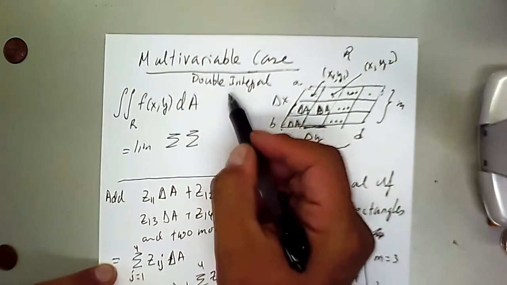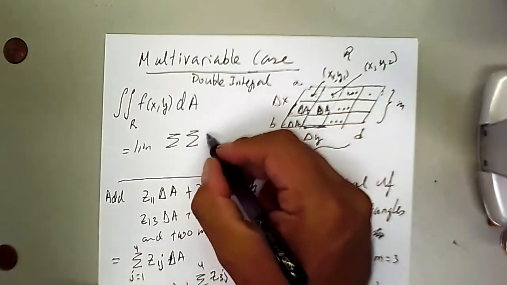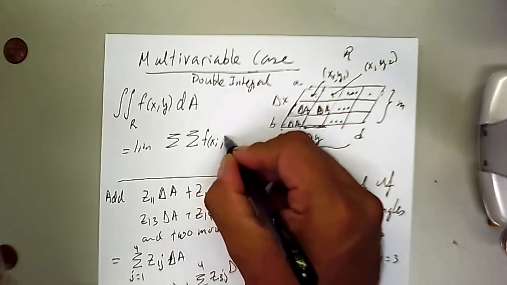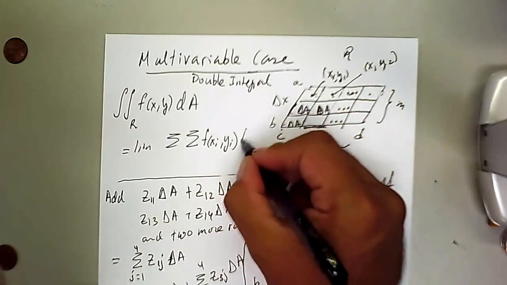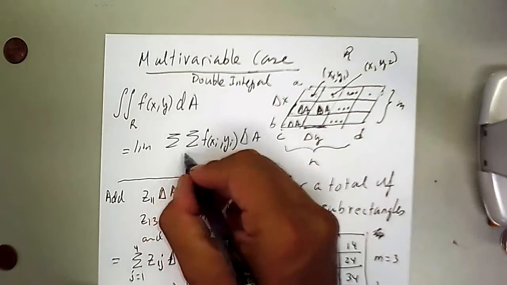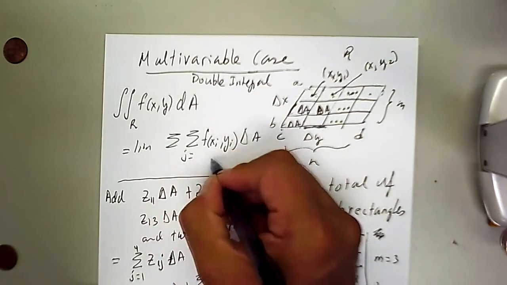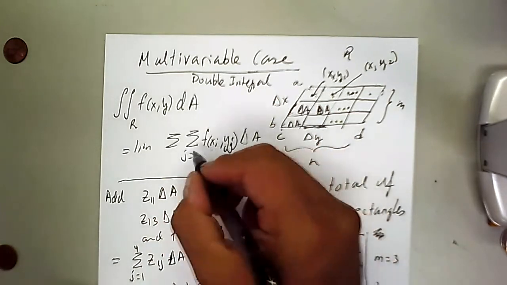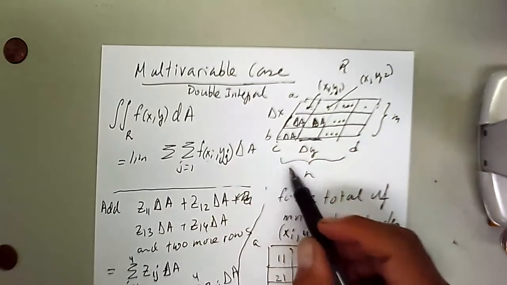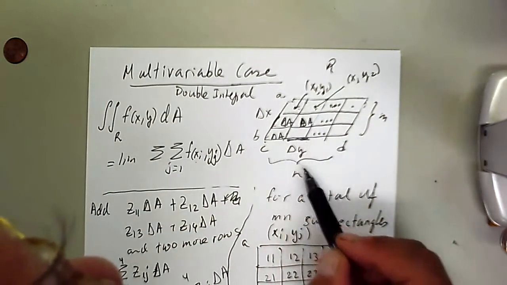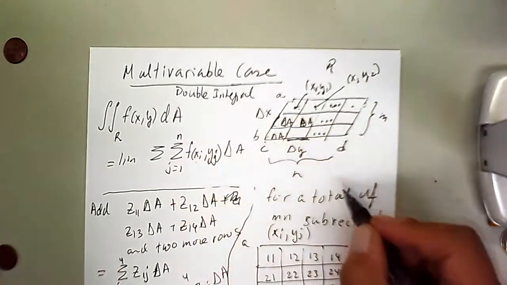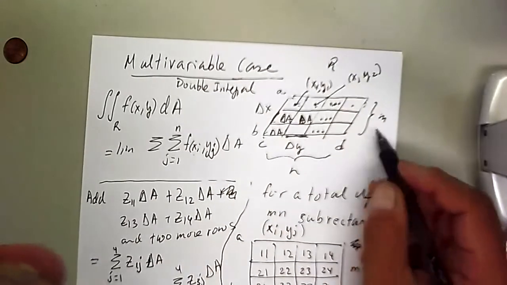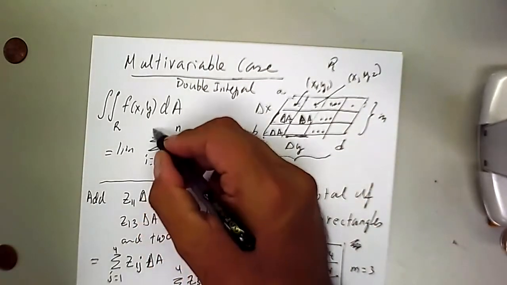That's why it's a double integral, because it comes from a double sum of f of x_i, y_j, delta A, from j equals 1 to n (each one should have its own index; the y's go to n, and we have m of the x's), from i equals 1 to m.